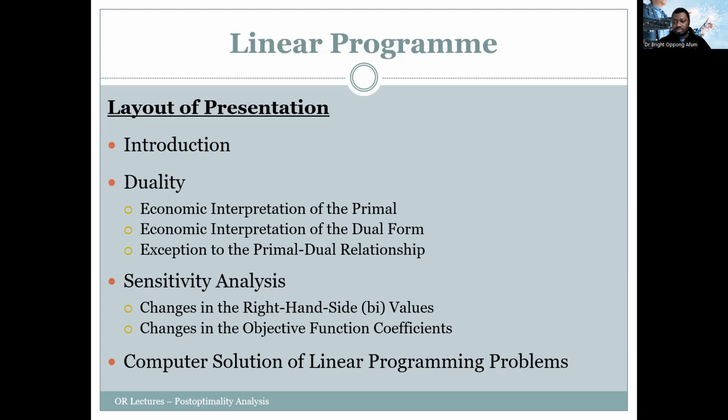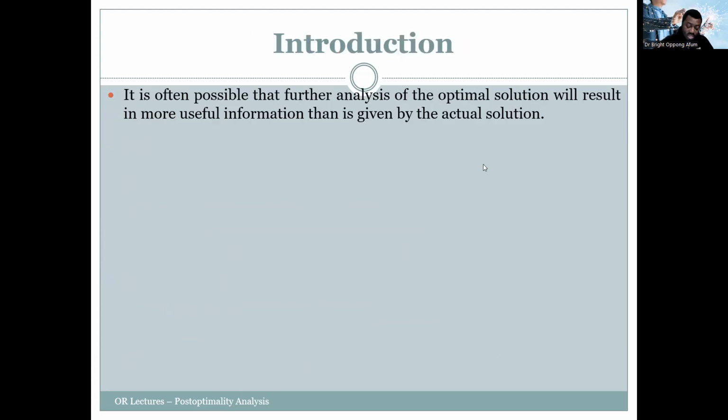Sometimes you can have about 1 million variables. So how do you solve them using computer strength? We'll introduce ourselves to one or two computing applications, so we can solve linear programming problems. All right, so let's look at what we have.